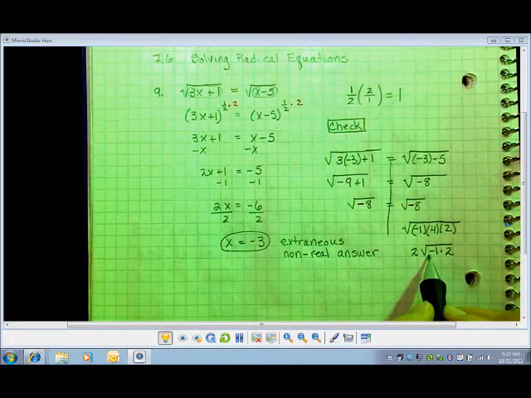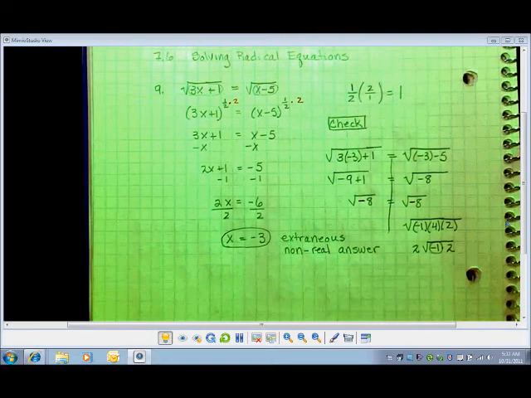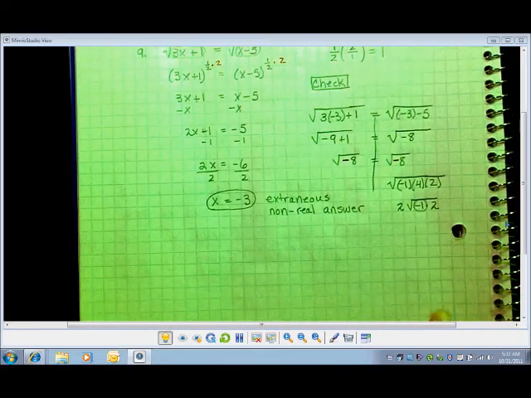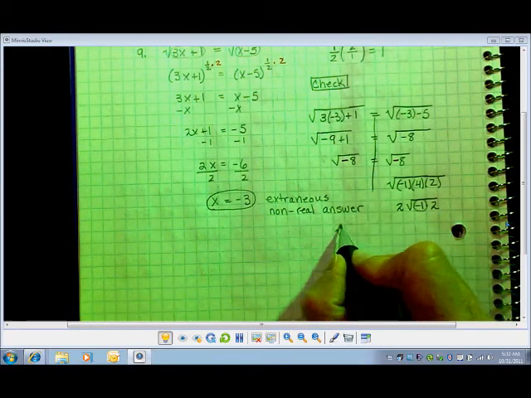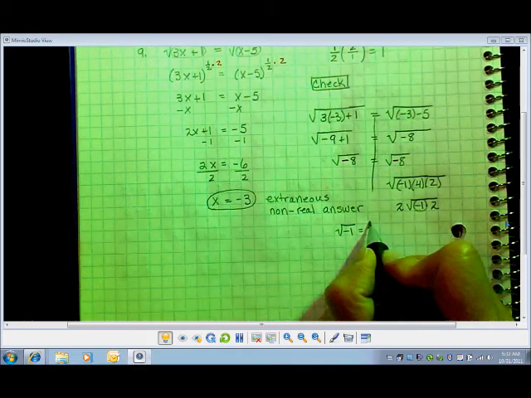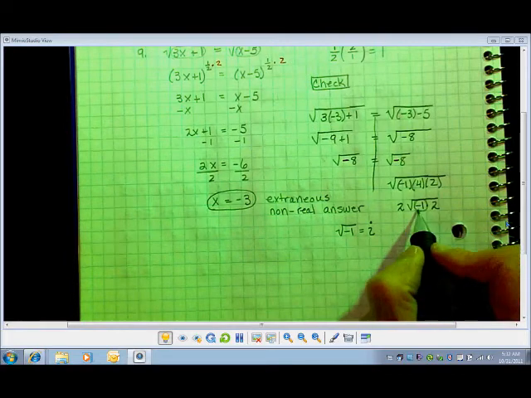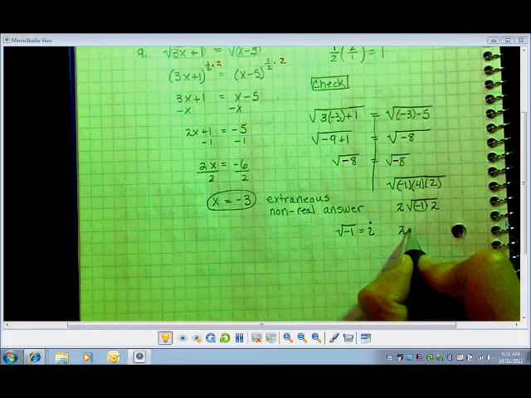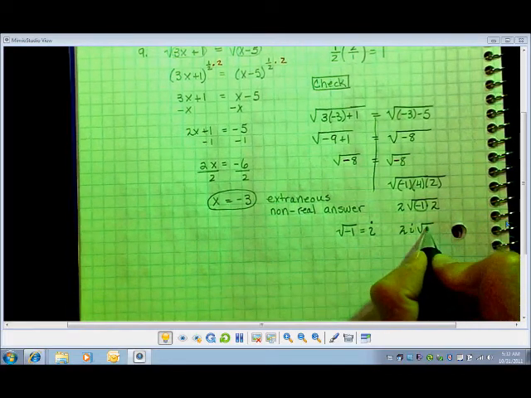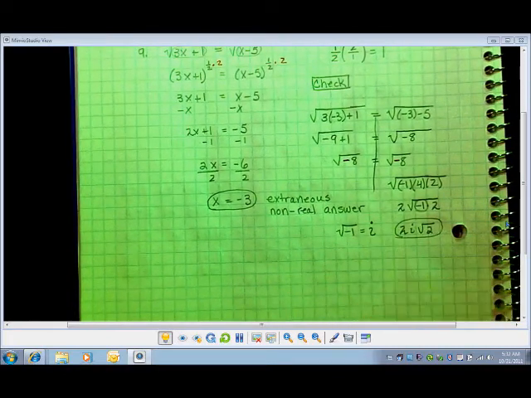This is my problem right here, this negative 1. And mathematicians have said, okay, we're going to call the square root of negative 1 an imaginary number i. And we're going to be looking at this in later lessons. So this comes out as 2i square root of 2. And that's in fact what the square root of negative 8 is.